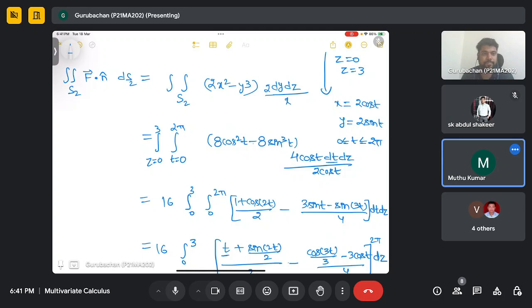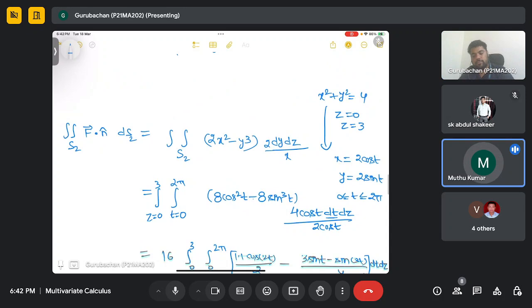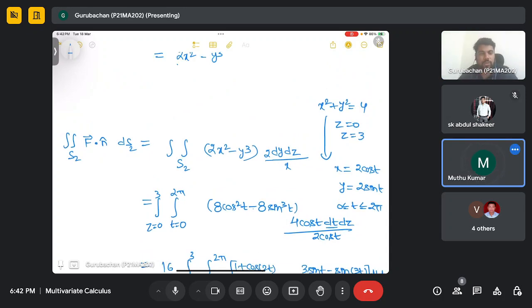Yes, dy dz. That dy dz we have calculated in parametric form. What is the parametric form, and where has it come from? It comes from the equation x squared plus y squared equal to 4.